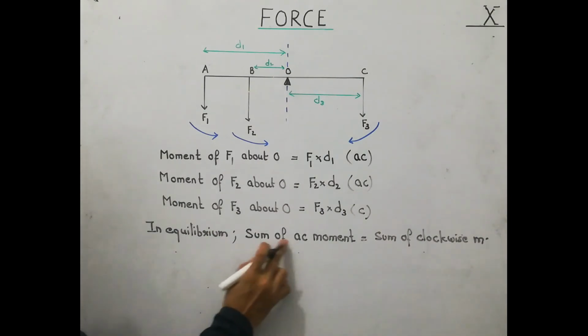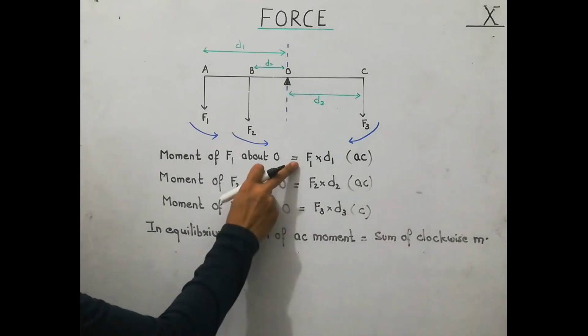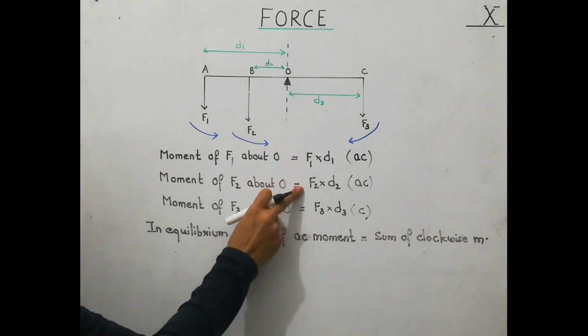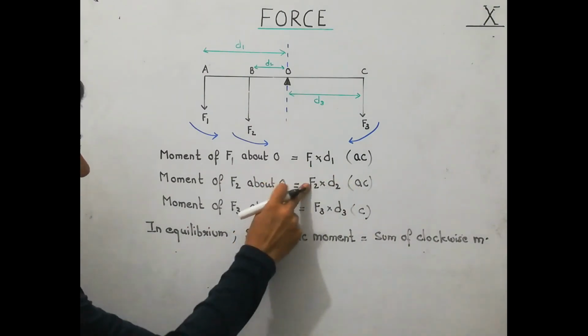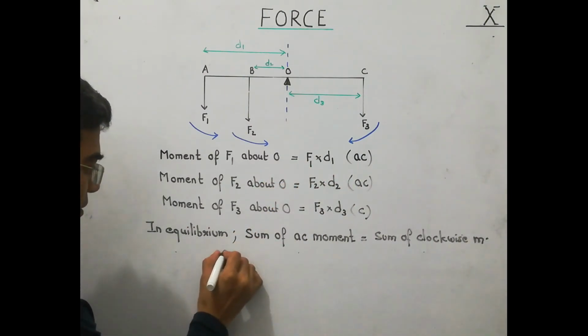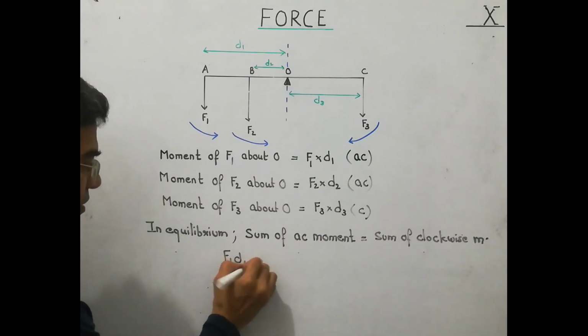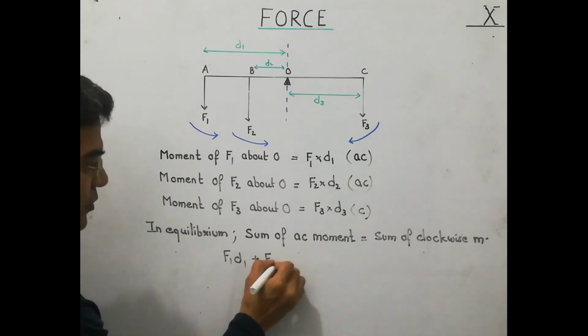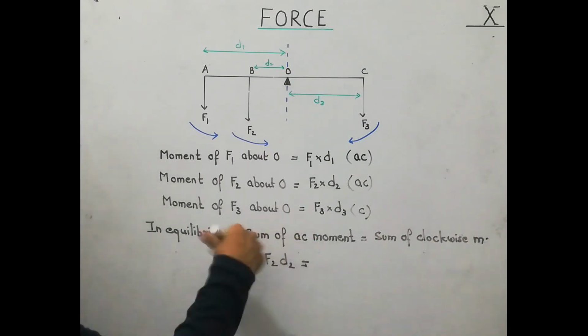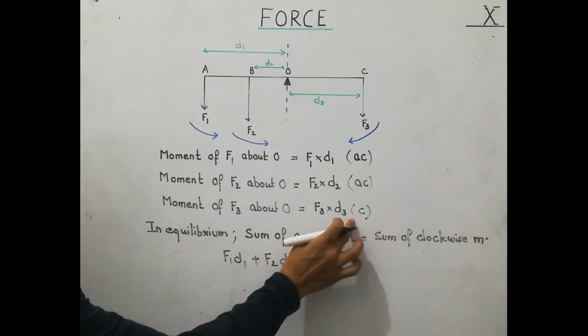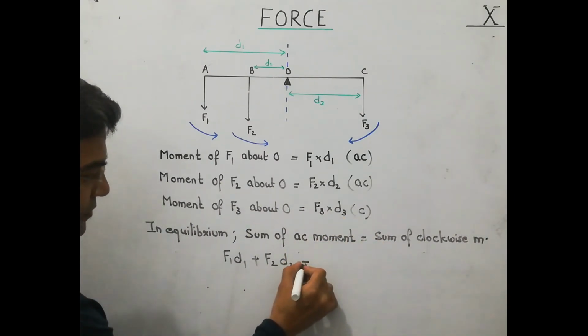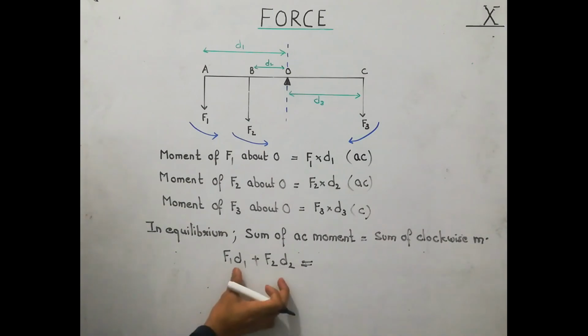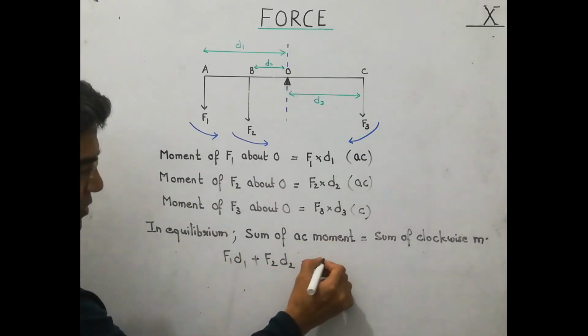So here, these two moments are anti-clockwise, so we are going to sum them. So F1 D1 plus F2 D2 is equal to sum of clockwise. There is only one clockwise. Anti-clockwise were two, so we added them. Clockwise is only one.